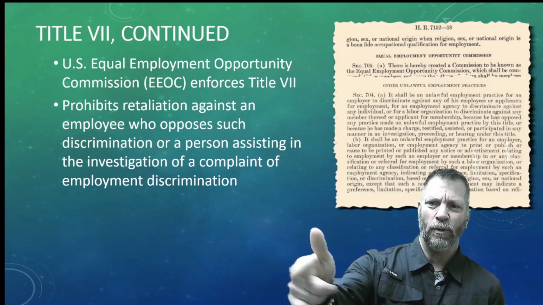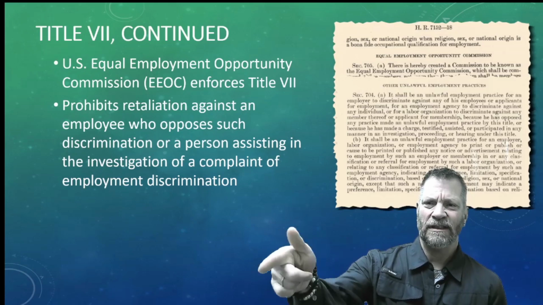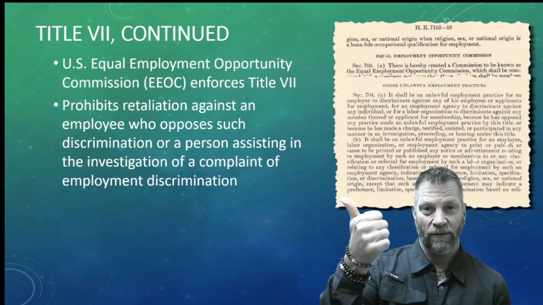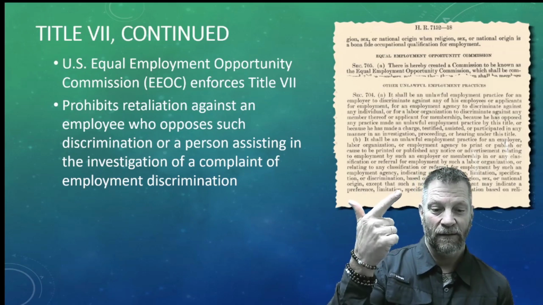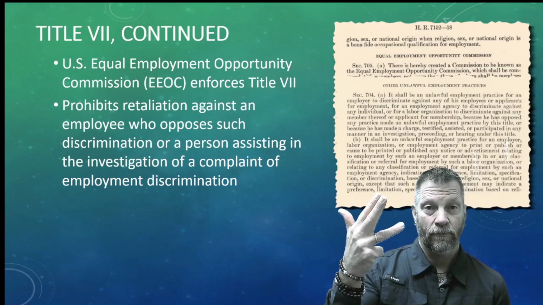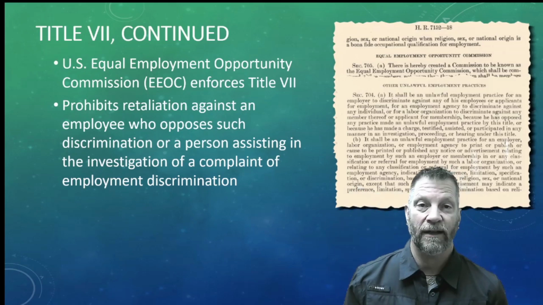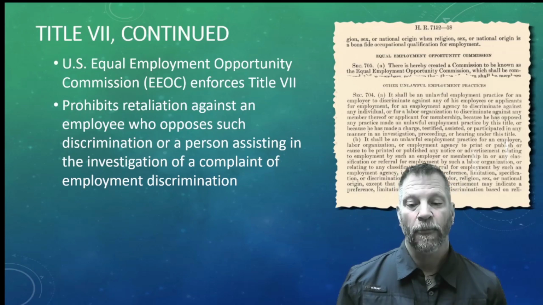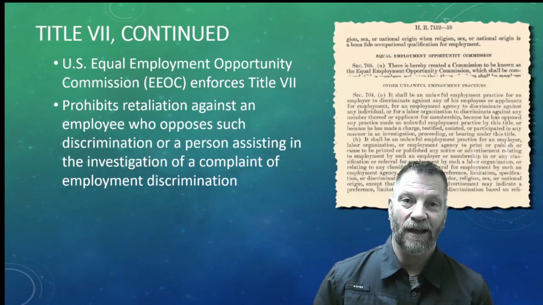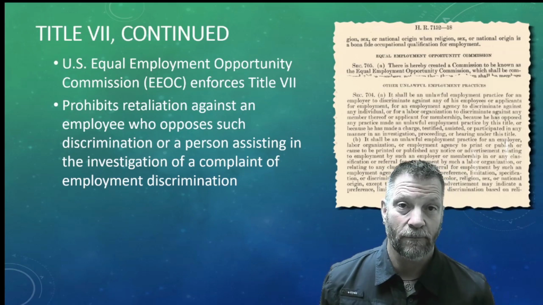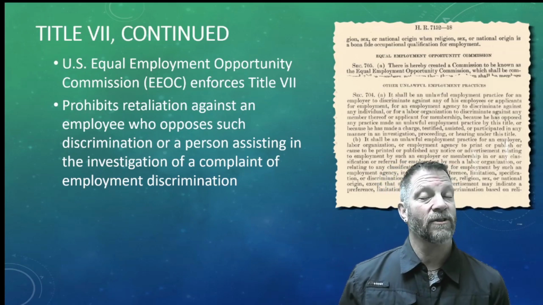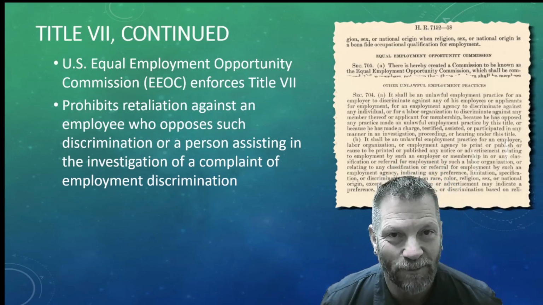Well, the employee who opposes the discrimination, a person assisting in the investigation, which means the investigator, the complainant, the alleged offender, witnesses, right? All those folks are protected against retaliation. So if somebody files a complaint against you and you know you've done nothing wrong, then you got nothing to worry about. But if you did do something wrong and somebody files a complaint against you, now you got something to worry about.